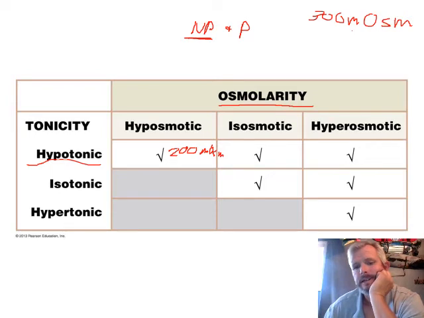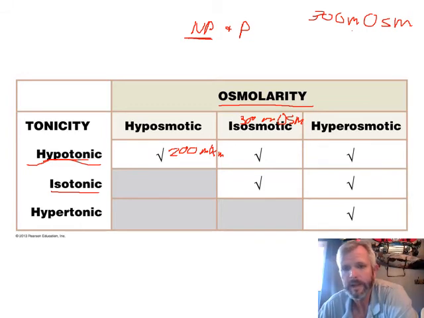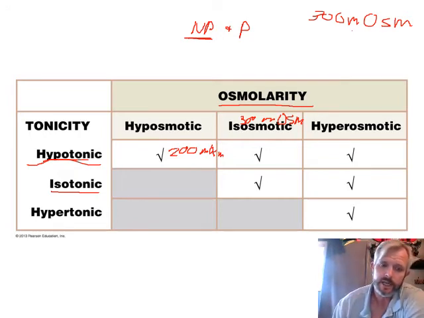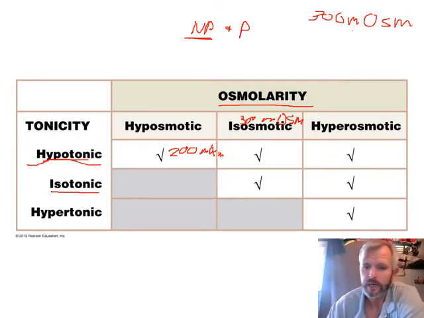Now, if I look at an isoosmotic solution, this is telling me that the solution is 300 milliosmoles because it's the same as what's in the cell. Now I can be hypoosmotic and isotonic. How can that take place? Well, remember when we consider tonicity, we have to consider the nature of the solutes.